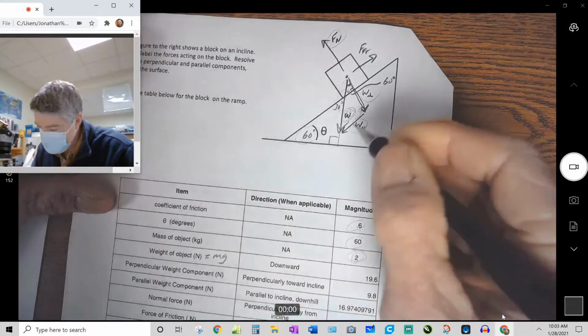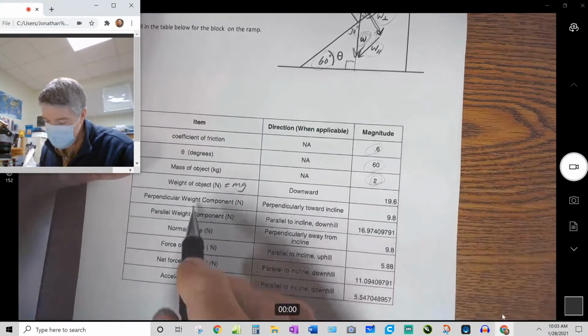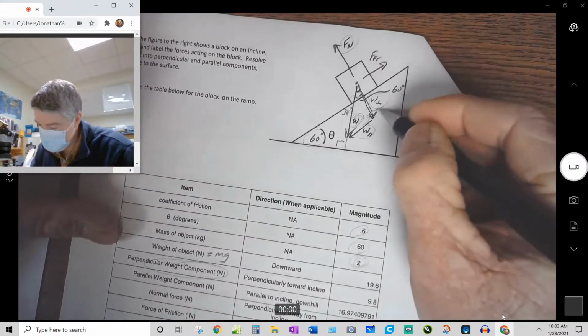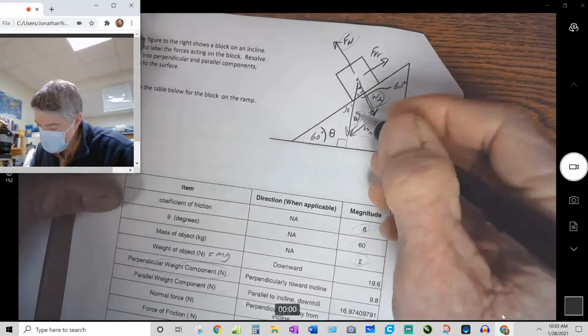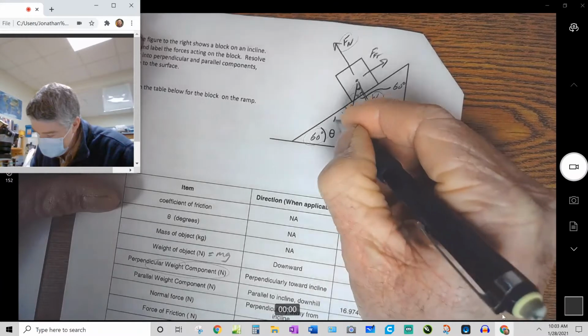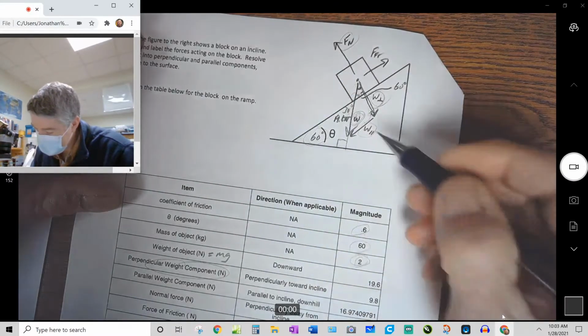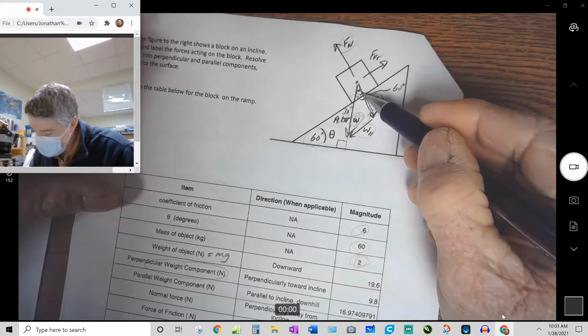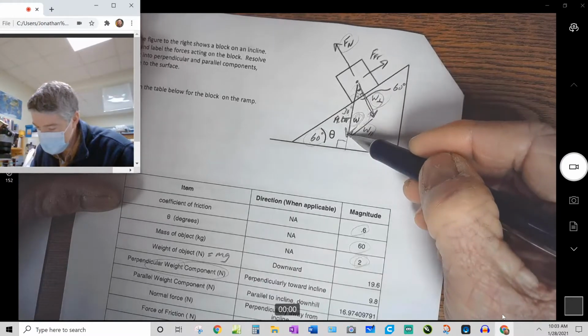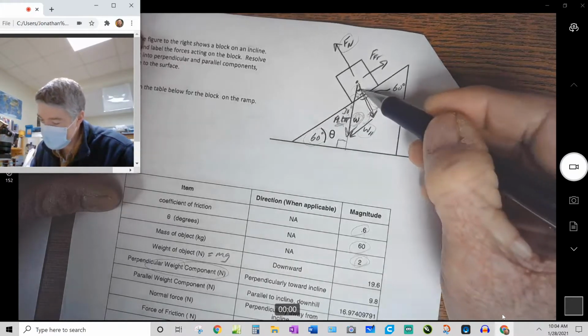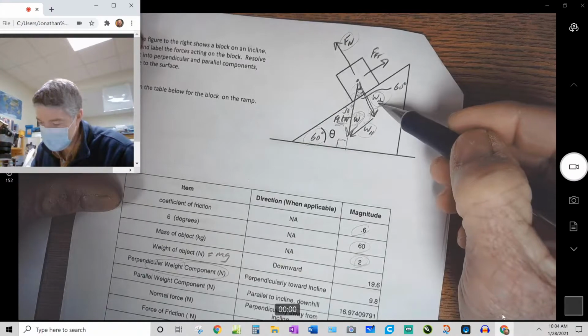So if I want to get the perpendicular weight component, which is this, I'm going to label weight 19.6 newtons. So I have a 60-degree angle. I have a hypotenuse, which is 19.6. Then I have this adjacent leg, which is what I'm looking for.